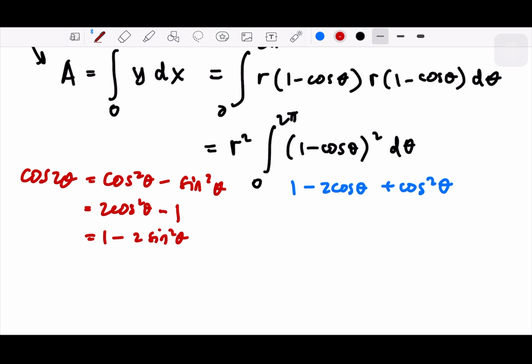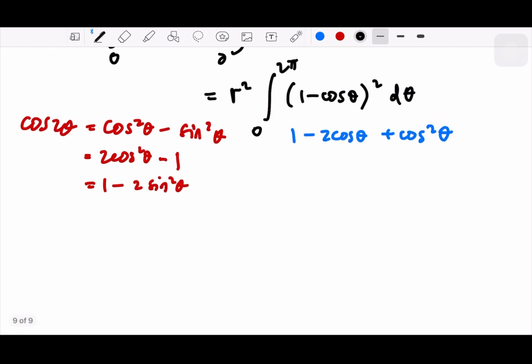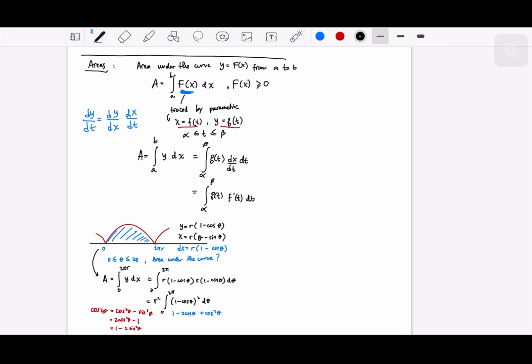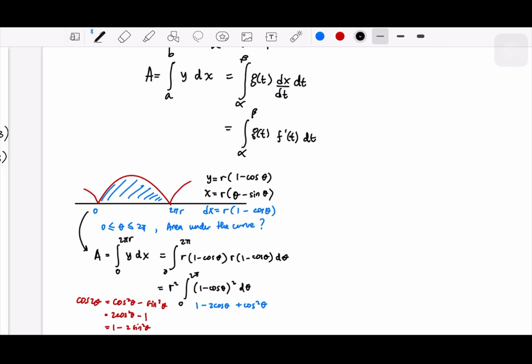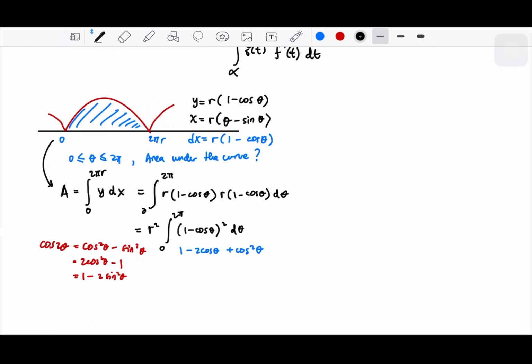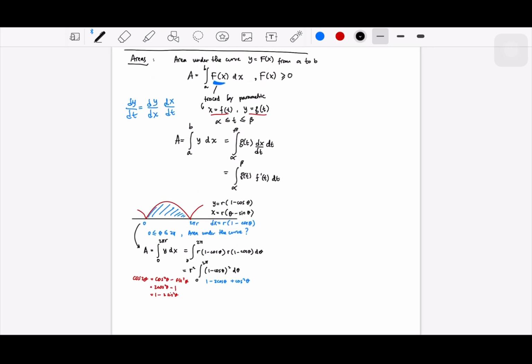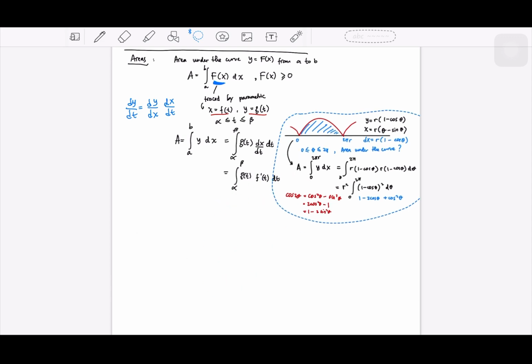And I think it's not too difficult to integrate that. So I will leave that to you, okay? And finally you can have the final answer for the area, okay? So that's the area. Let me put this into the right side so we can see clearly here.